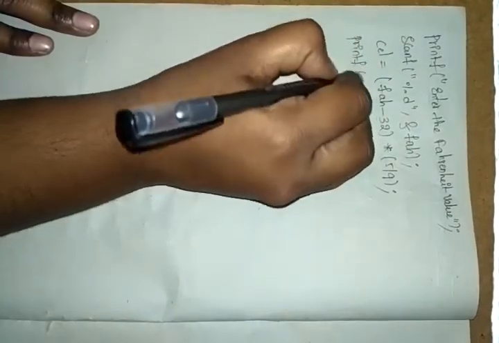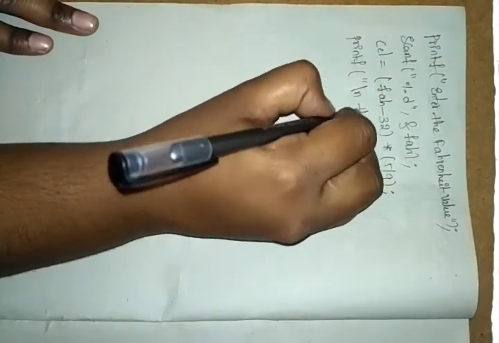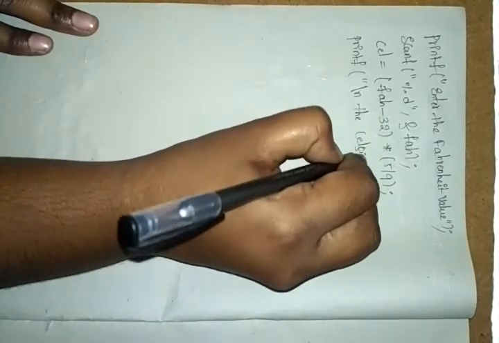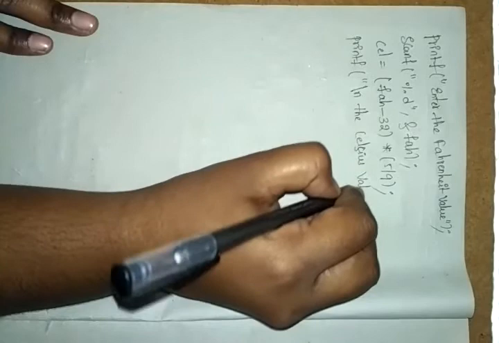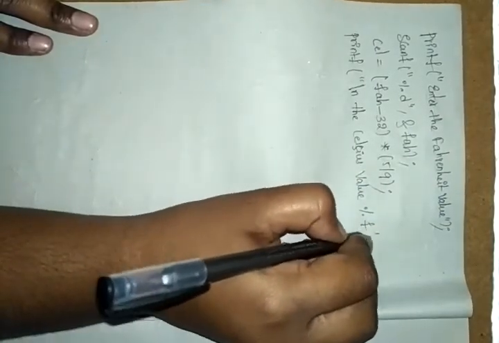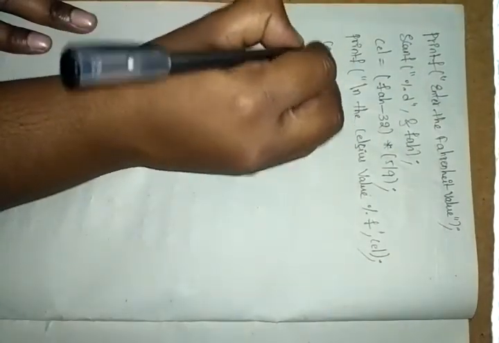Whatever you got in Celsius, you have to display that value. Slash n, the Celsius value percent f, cel. This is our case 1. And next go to case 2.